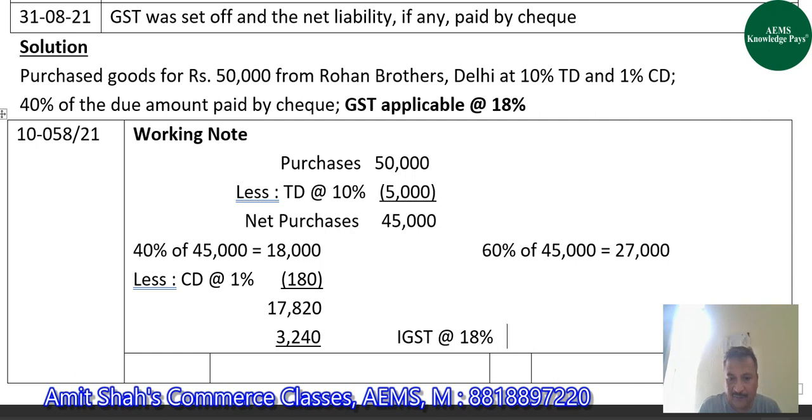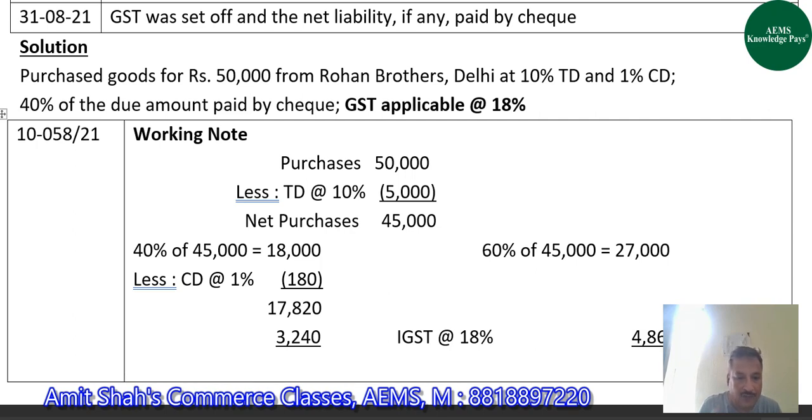And 18% of 27,000, how much is it? 4,860. Okay. So for how much did he give a check, the buyer in whose books we are doing these entries? It is 21,060.